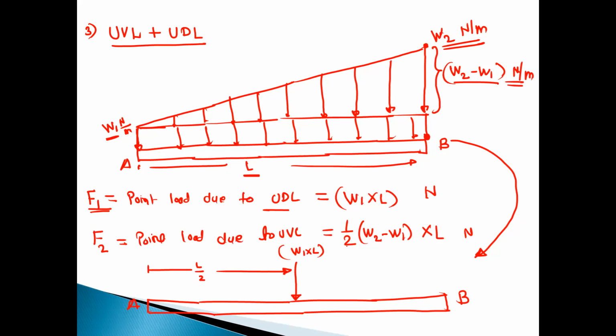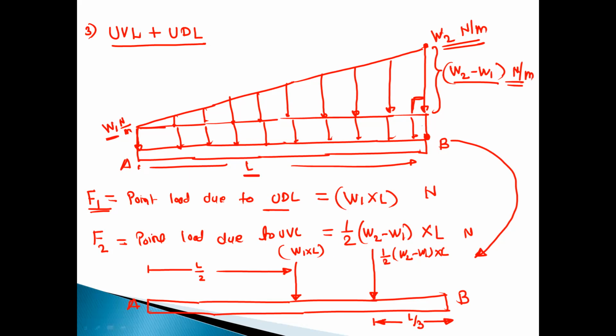Second is F2, which is equal to 1 by 2 into W2 minus W1 into L. It will act somewhere here, at a distance L by 3 with respect to this 90-degree angle.